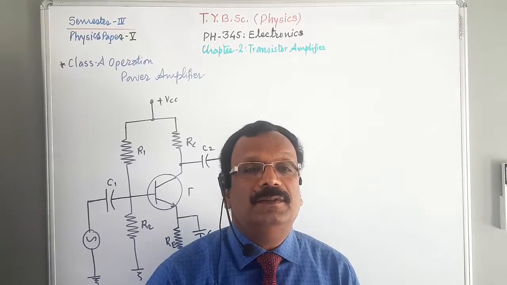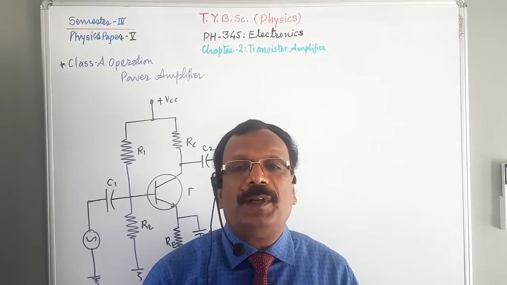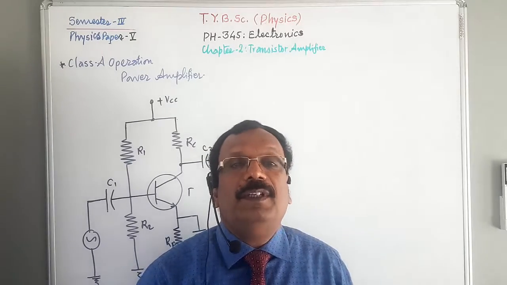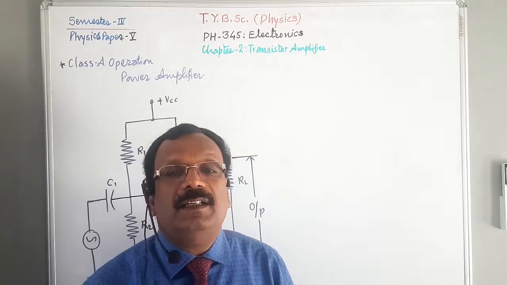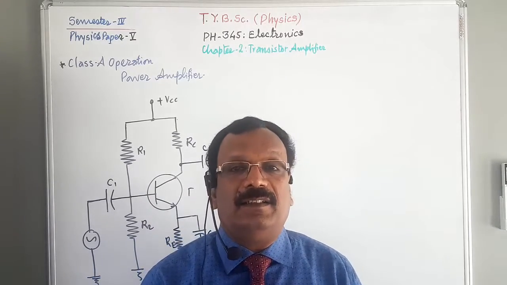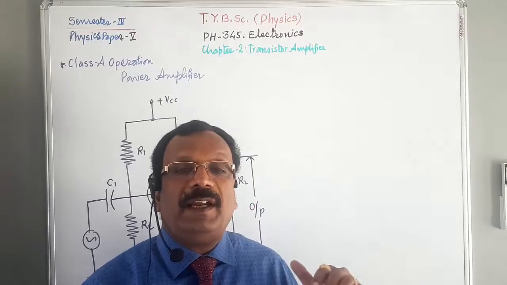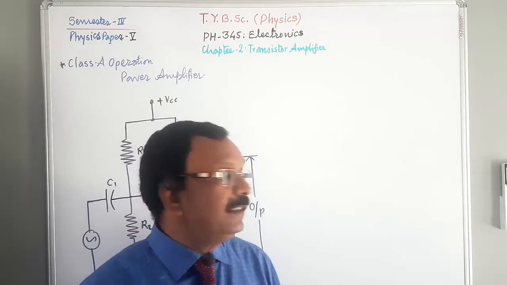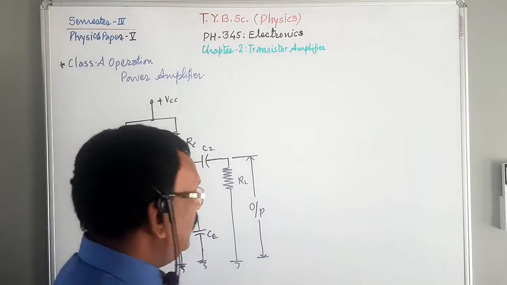And in Class A operation, as I told you when we studied classification, the quiescent point is adjusted exactly at the center of the load line, and we can also show this here.